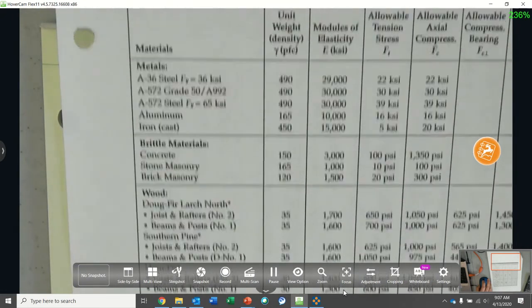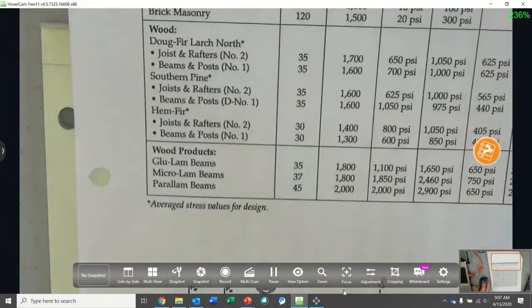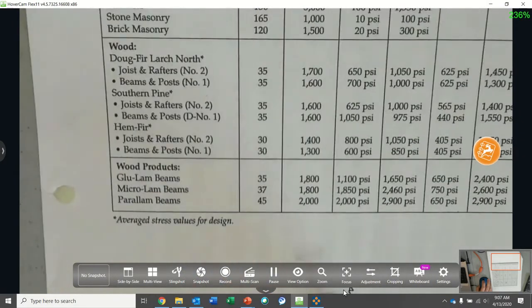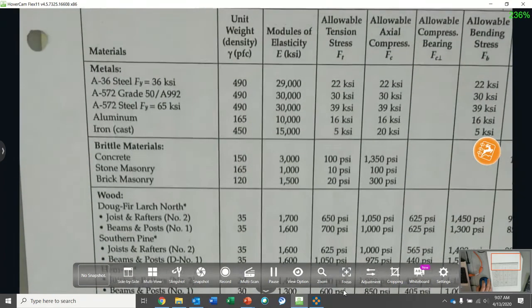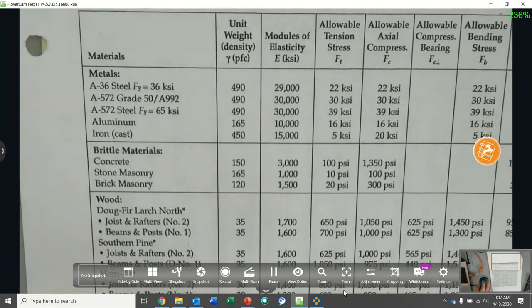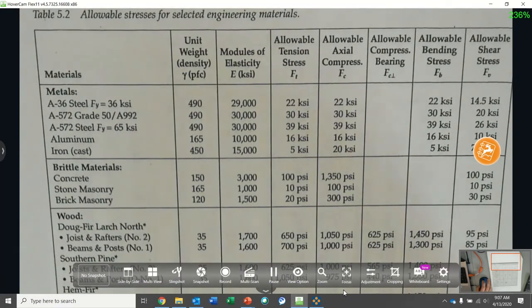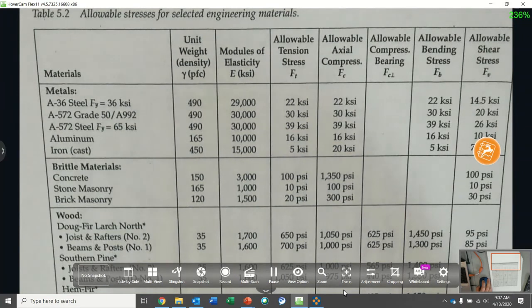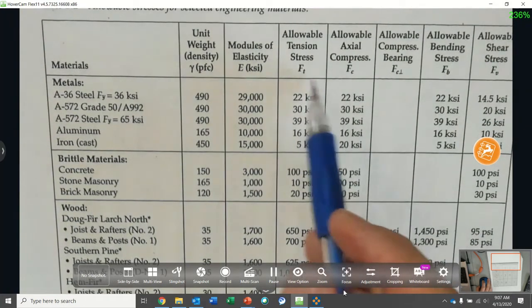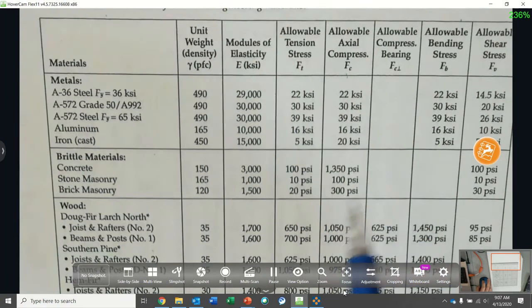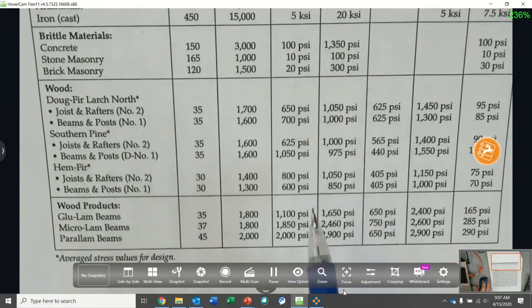We're using hem fir number 1, beams and posts. So my allowable compressive stress: when it's a column, the allowable compressive stress, we're using F C. That's parallel to the grain, because for a column we're using parallel to the grain. And for beams and posts, it's 850 psi.